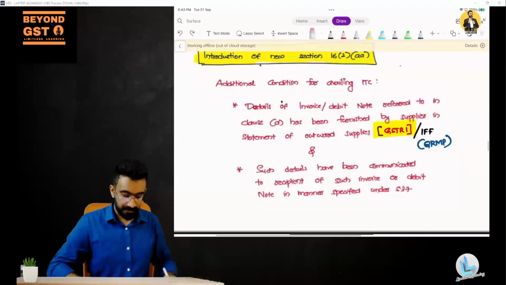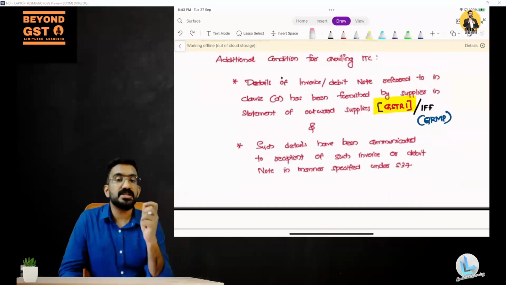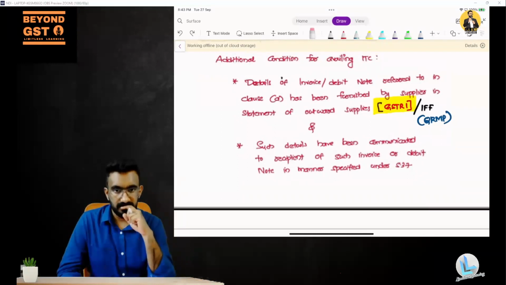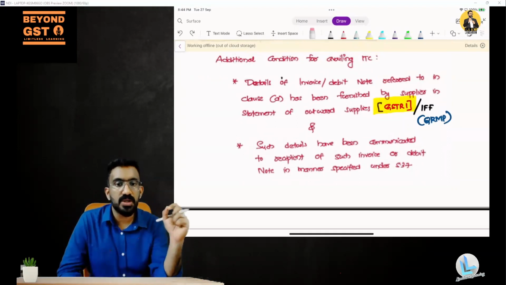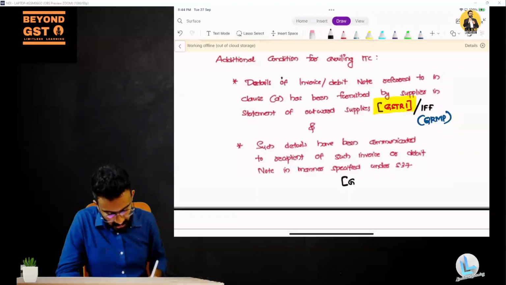The provision says, read the second part, such details have been communicated to the recipient of such invoice or debit note in the manner specified under Section 37, which means it has to be communicated to the recipient in their GSTR 2A or 2B.